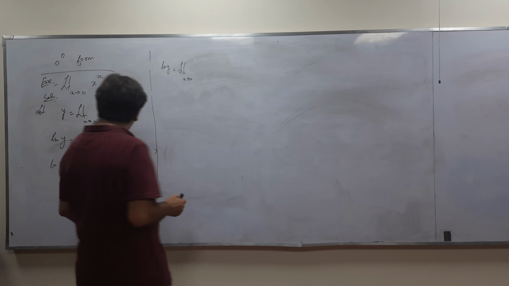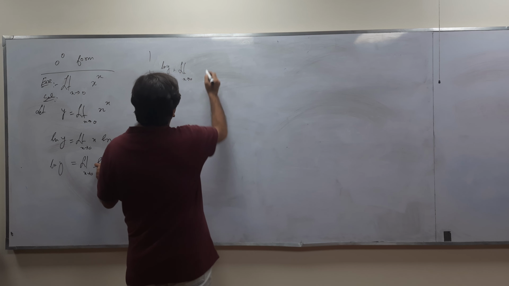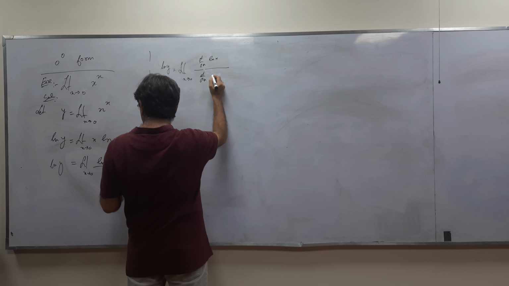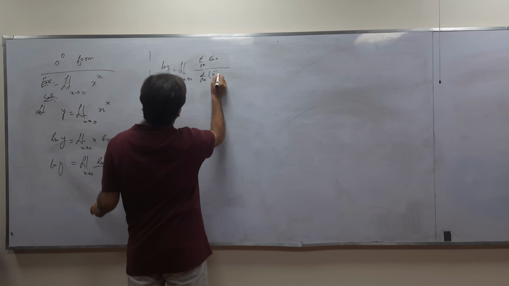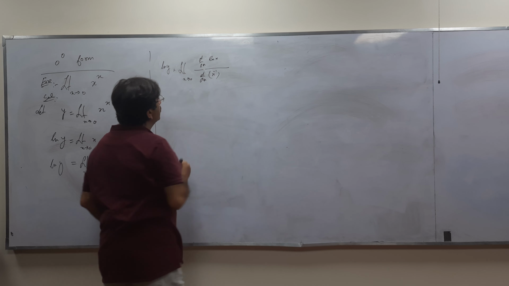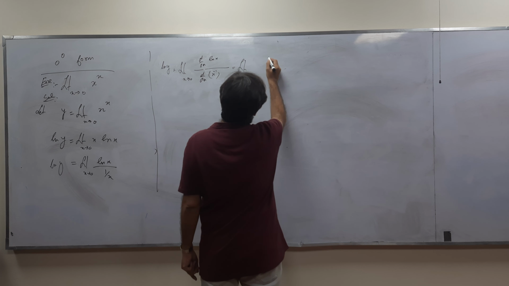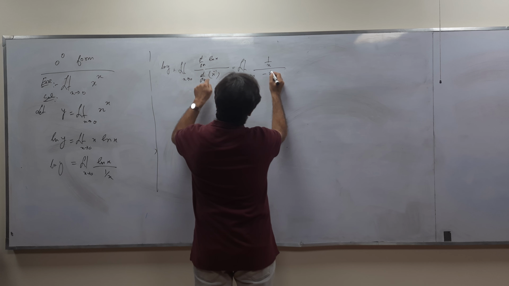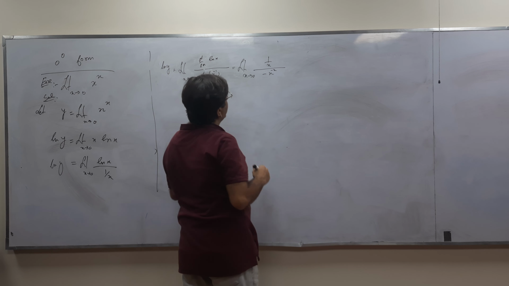If we differentiate the numerator, that will be 1 by x, and in the denominator, d by dx of x power minus 1 is minus 1 over x squared, since dx by dx is 1.